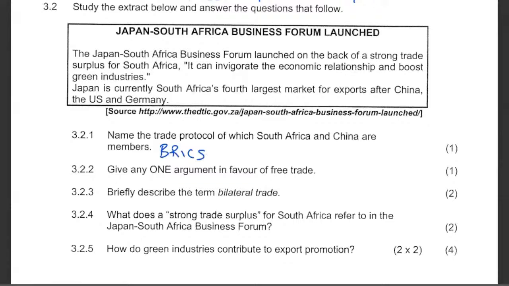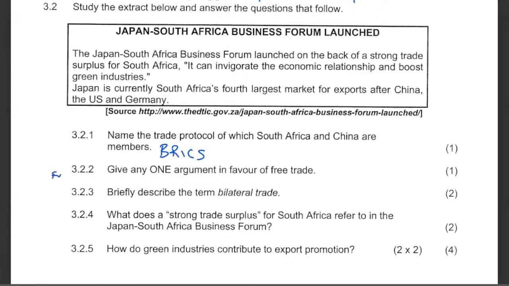Okay, so now let's check the next one. Give any one argument in favor of free trade. So now free trade allows countries to specialize in industries in which they have a comparative advantage.